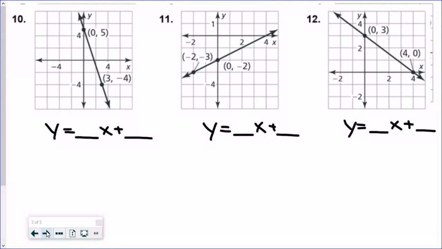Okay, here we go. So where's my y-intercept? It is at 5. Do you see it as a negative slope? I'm always looking at positive or negative, and from point to point, I go, ooh, actually, I don't like this one because it's going by 2s. So this is really 1, 2, 3, 4, 5, 6, 7, 8, 9.